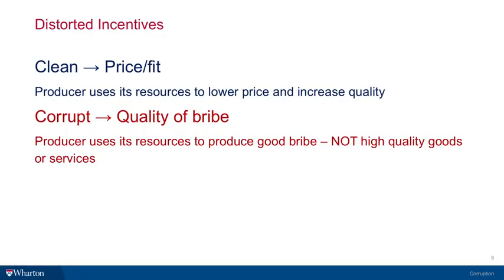In a corrupt system, on the other hand, the incentive is to use resources to produce a high quality bribe, not high quality goods or services. Right? If a decision maker is making a decision based on the quality of the bribe, a producer who produces high quality goods or services is actually at a disadvantage because they've used their resources for something other than what the decision is being based on.